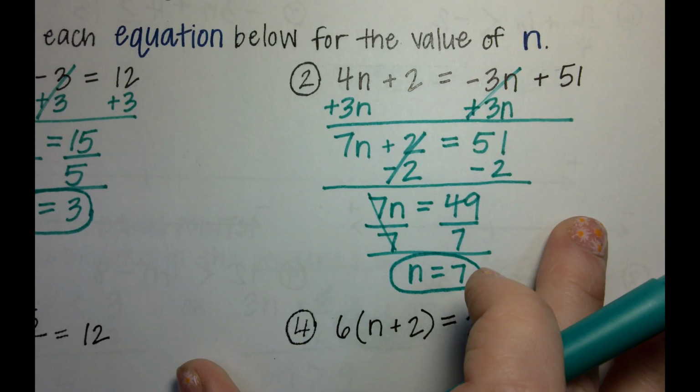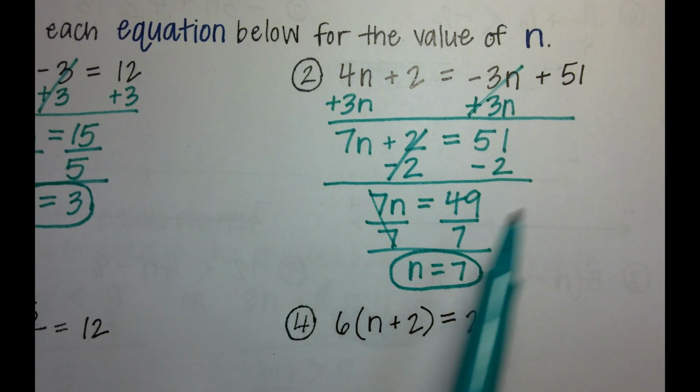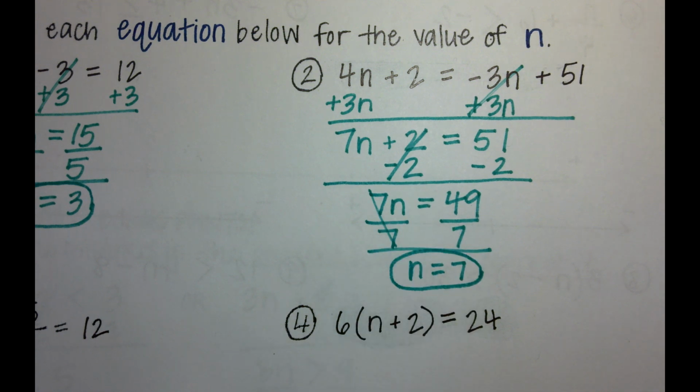If anybody at any point on any of these questions wants me to show a different way to solve it, let me know. I'm happy to work it out as many ways as you want to see. Does anybody want to see other ways to solve number 2, or do we feel good about just seeing the one way? Okay. I know sometimes seeing more than one way confuses us, so don't worry about that.